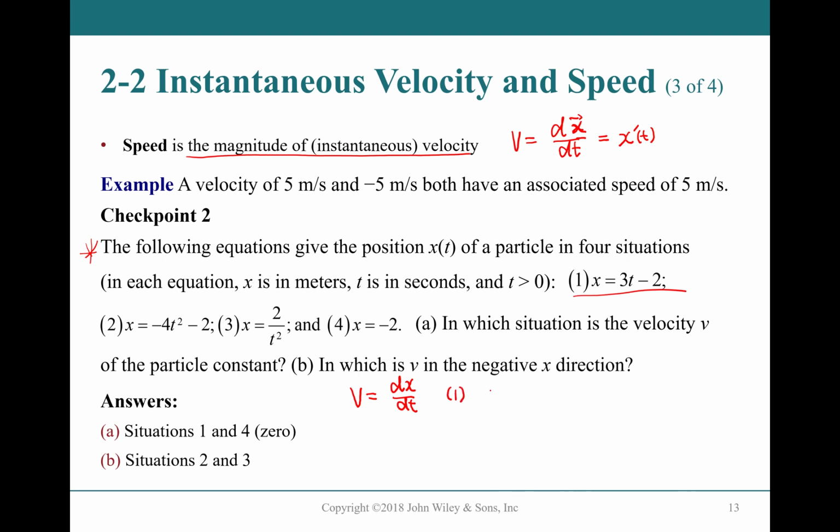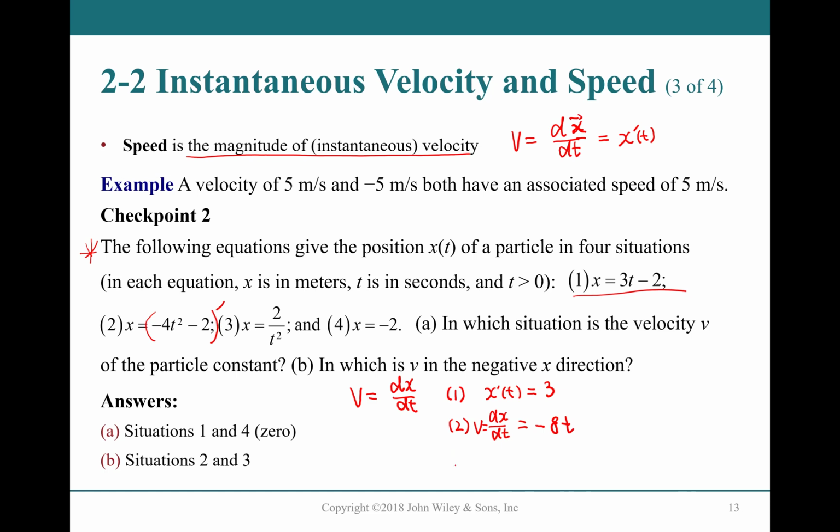For the first, if you take the derivative x prime of t, 3t gives you 3, and negative 2 gives you 0. For the second, v equals dx over dt, taking the derivative, you get negative 8t, and then negative 2 gives you 0.